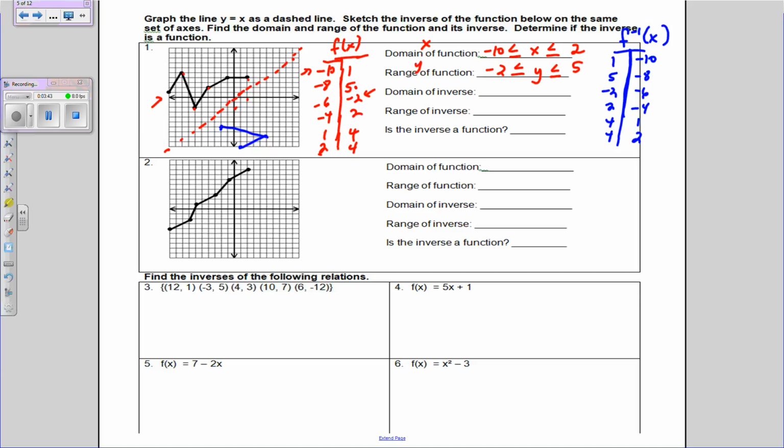So go forward 2, down 4, and forward 4, up 1, and the last one is forward 4, up 2.